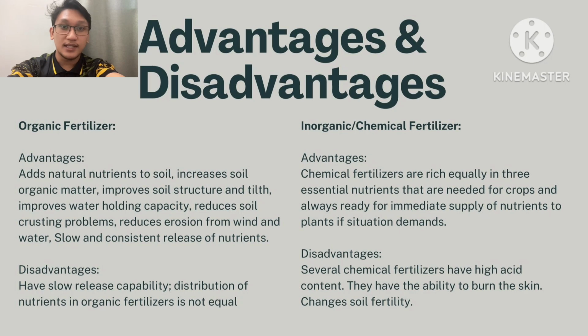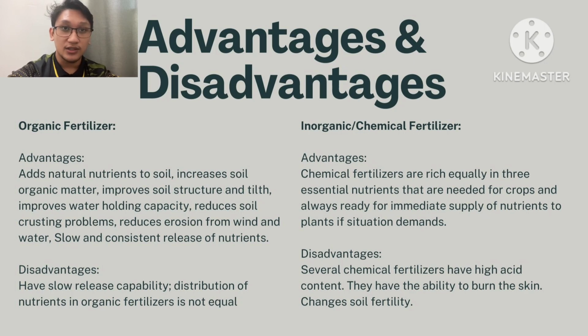Now, let's take a look at the chemical fertilizer or inorganic fertilizer. The advantages of using chemical fertilizer are that it is rich equally in three essential nutrients that are needed for crops and plants. They are always ready for immediate supply of nutrients if the situation demands.